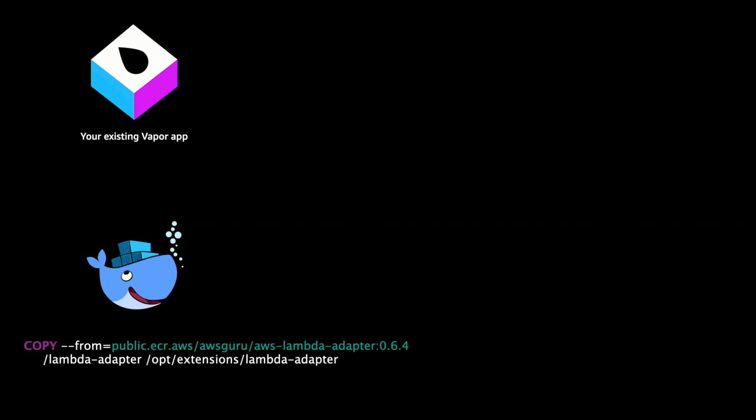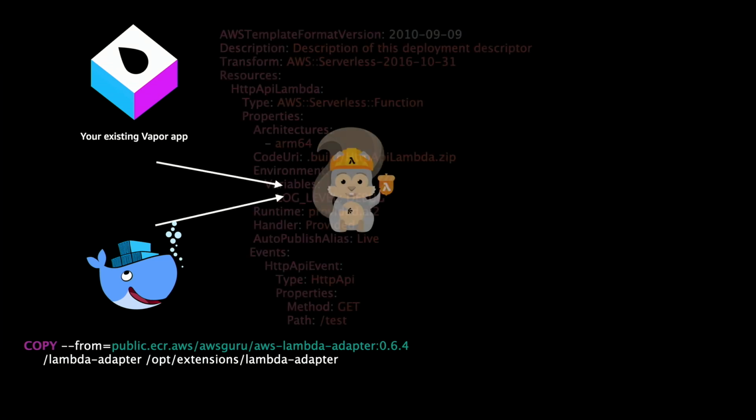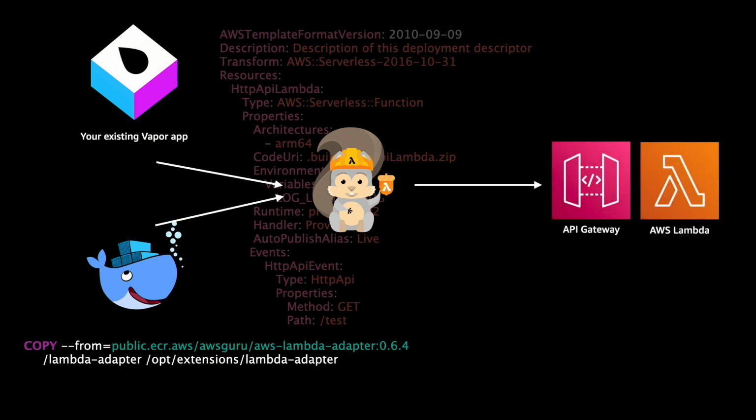So the thing that will do the magic of capturing the Lambda invocation and calling your Vapor app. Then you need to write a SAM template to actually deploy that, and SAM will deploy and create the infrastructure for you automatically, the API gateway and Lambda. So one line of change in your Dockerfile, that's all you need to deploy a Vapor application inside a Lambda function.